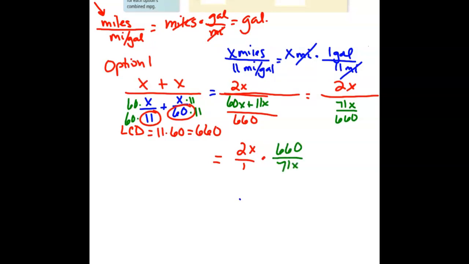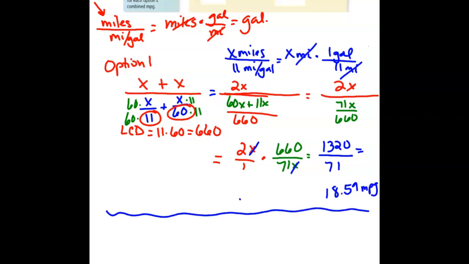And the only thing I can reduce out of that would be the x's. So I'm going to have 2 times 660, which is 1320, divided by 1 times 71, which is 71. And we end up with a combined miles per gallon of 18.59. Okay, that's option 1.